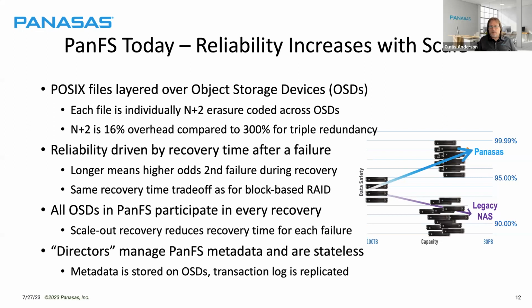In order to get the performance, you need the scale to go up, but that would normally lead to decreasing reliability. So that's what I'm trying to show here, that with the right architecture, reliability can go up at the same time as performance is going up. And so that foundation is the key to whether we can get to where we want to be with a single tier architecture.